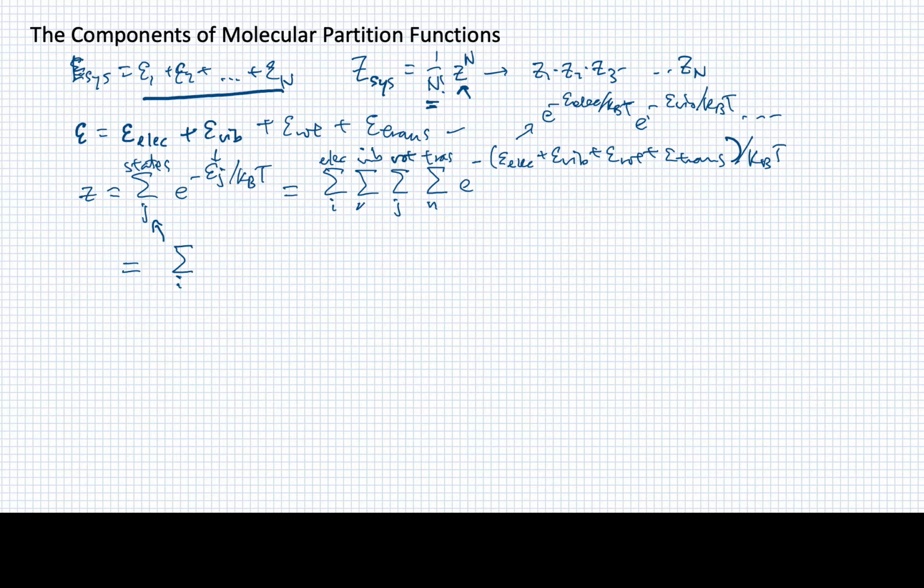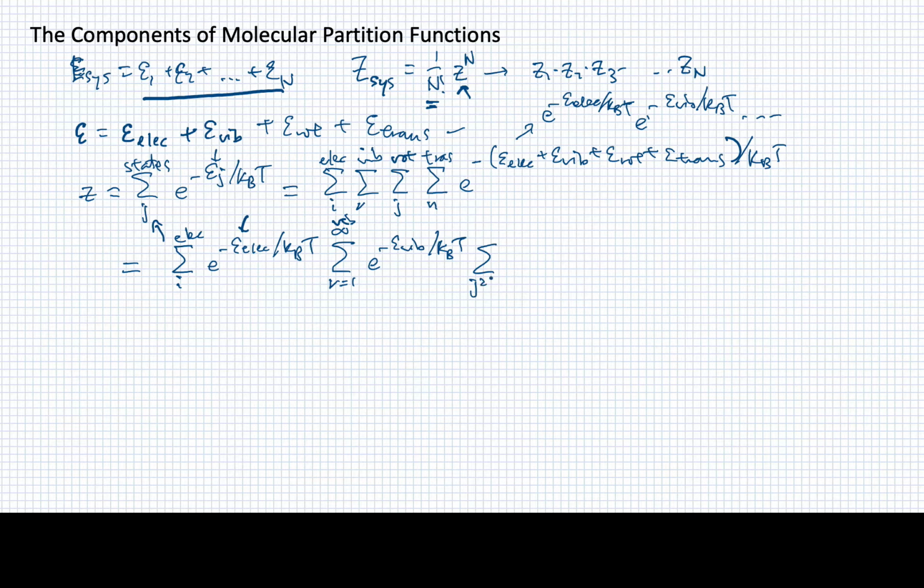I've got a summation over all the electronic states, so that's just going to be e to the minus electronic energy over kBT. And I've got a summation over all of the vibrational states, which I'm going to write as e to the minus vibrational energy over kBT. Now I haven't put an index on these energies in the exponential, but you can assume that the states are summing over all the possible energies that might be available to that particular component.